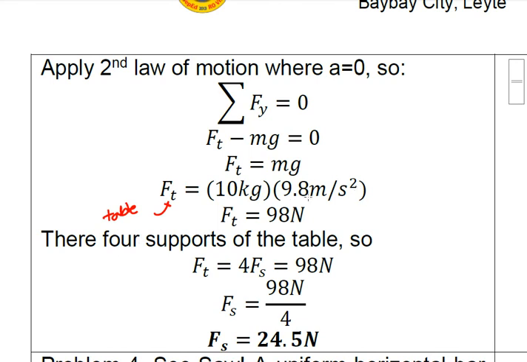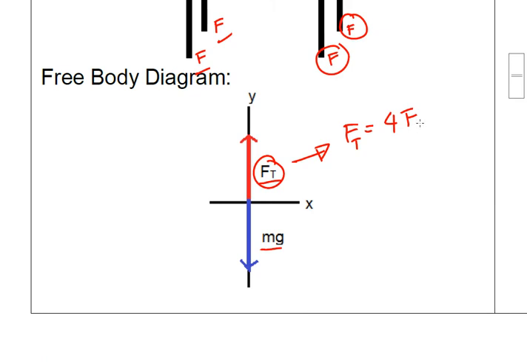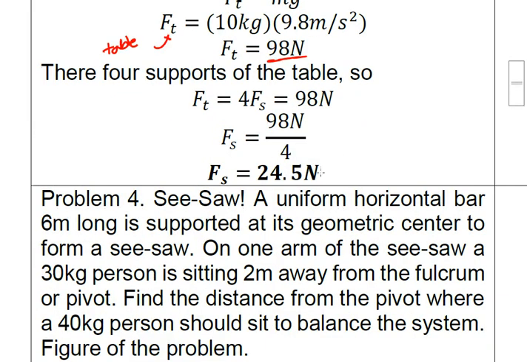So going back to the equations that we have here, plug in that one of the equations. I missed, so it should have been Fs in here, the supports, the feet of the table. So each support actually gives 24.5 Newton.